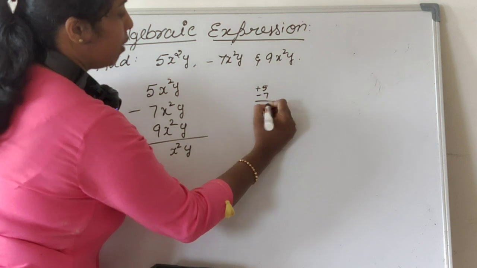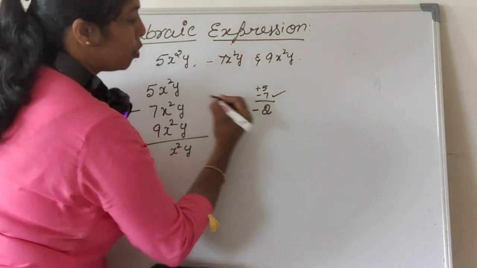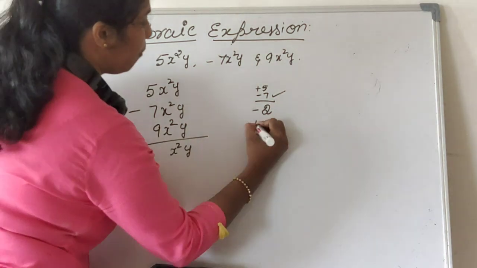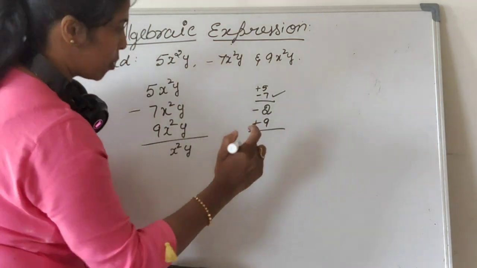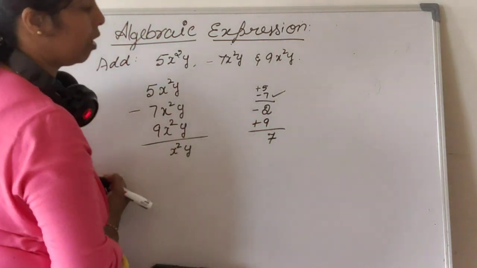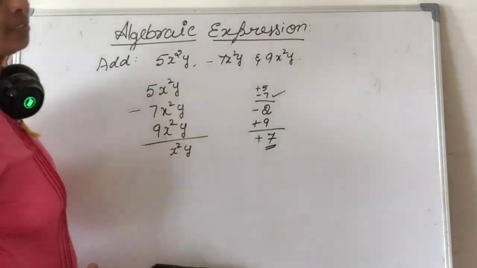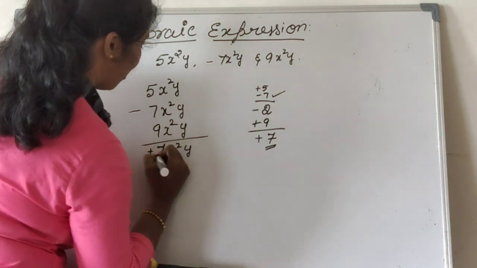So 2 comes. How to put the sign? The greater number's sign we have to put. Correct? Minus 2. Next, plus 9. Again plus and minus, we have to subtract. We get 7, and plus is the greater one, so it is plus 7. Understood, students? So the answer comes plus 7x square y.